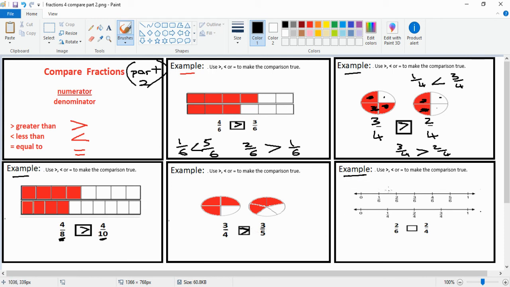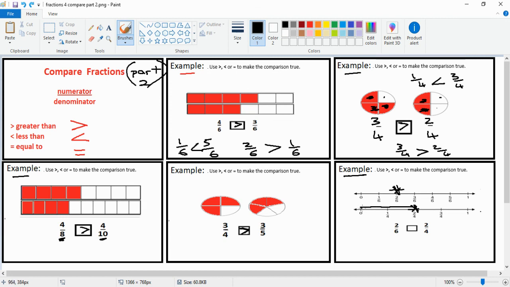And our final example here now, we've got fractions on a number line, I should say. We're going to mark in the 2/6. There's the 2/6. 2/4. So again, we've got fractions that have the same numerator. And even without looking here, this is the smaller of the numbers, but it's actually the greater of the fraction. 4 is smaller than 6, but it's actually a greater fraction.